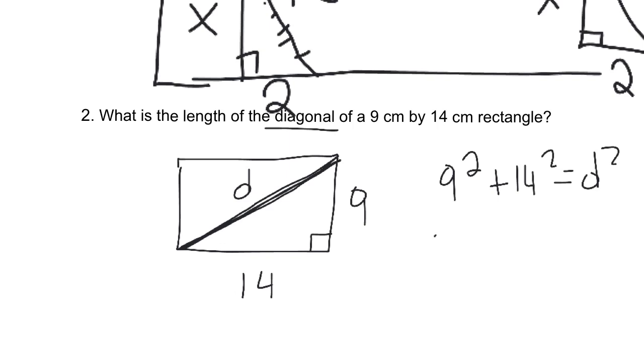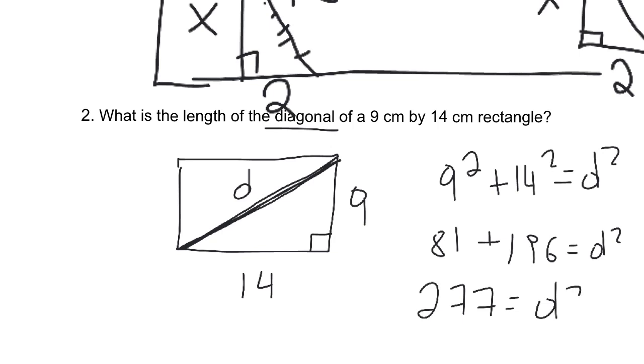Okay, 9 times 9 is 81, plus 14 times 14, I think we already did this today. 14 squared is equal to 196, so 81 plus 196 will give you 277, so 277 is equal to D squared.